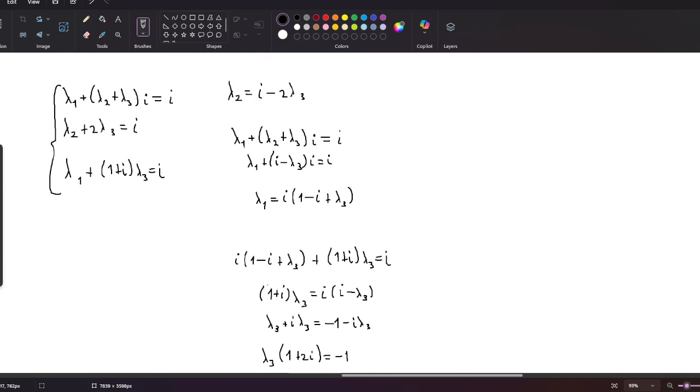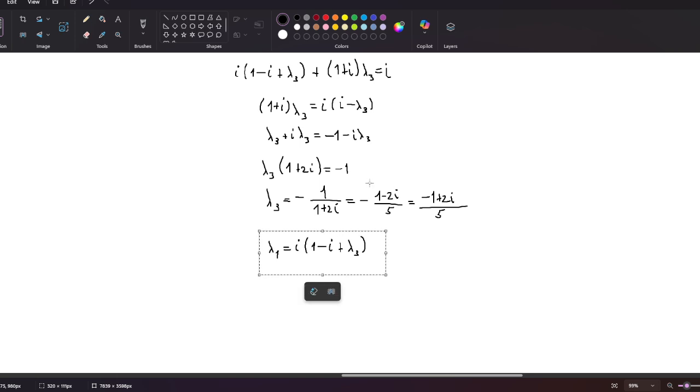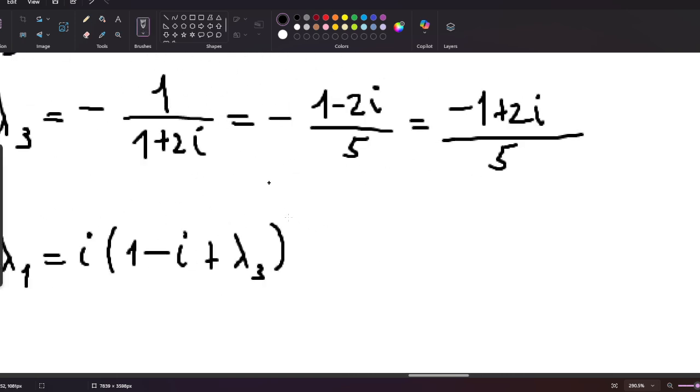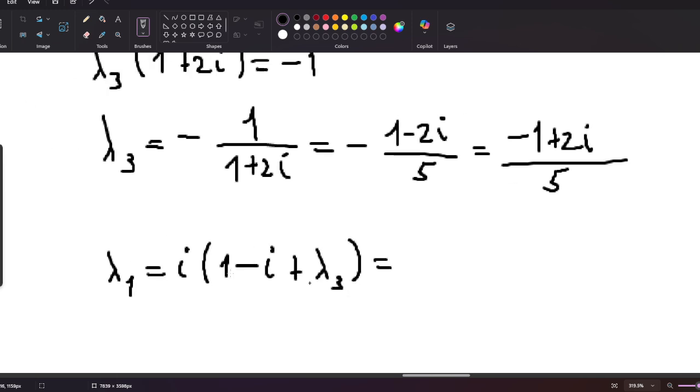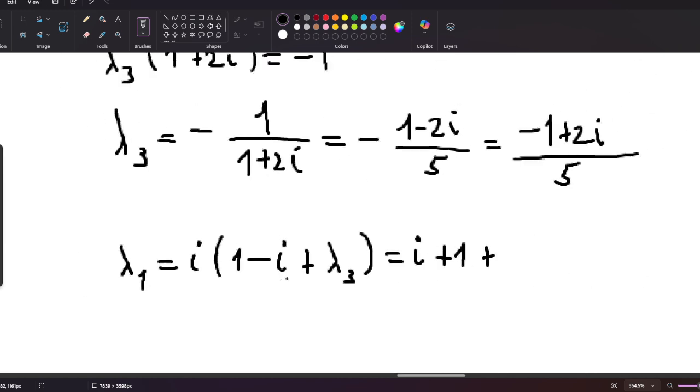Okay, now we need to calculate the rest. Express that lambda 1 is going to be equal to this monstrosity. So let's try to reduce it to something simpler. i plus 1 plus lambda 3.